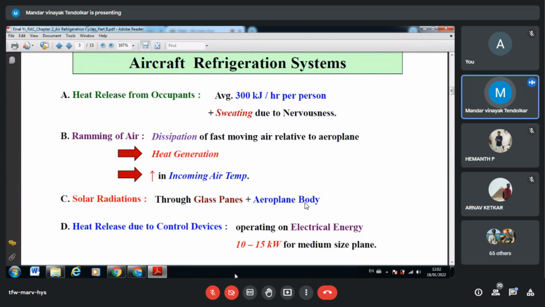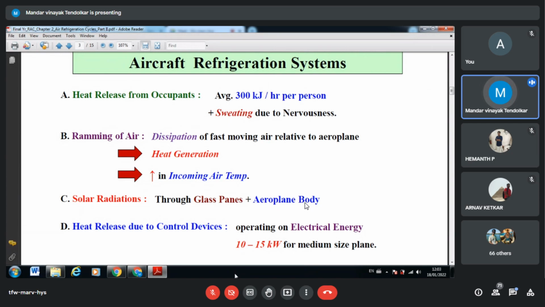Because of that, the metabolic activities also increase drastically. Palpitation, blood pressure increases because of both reasons, excitement and fear. So that also generates heat. Why does the blood pressure increase? So there is a tremendous amount of heat getting generated from the people.